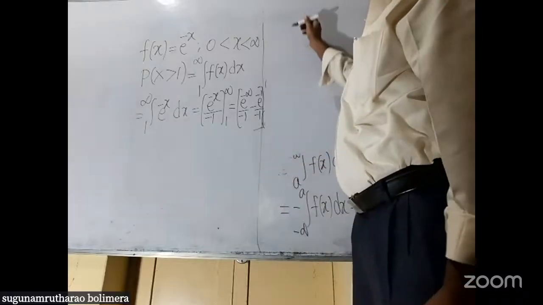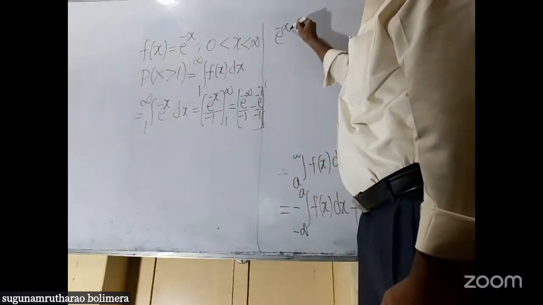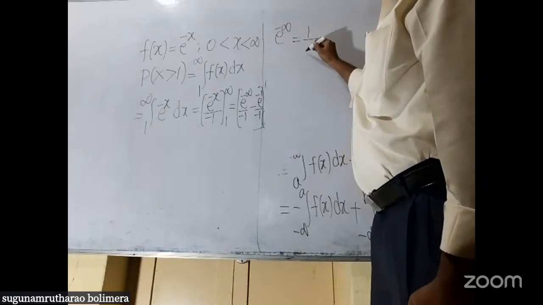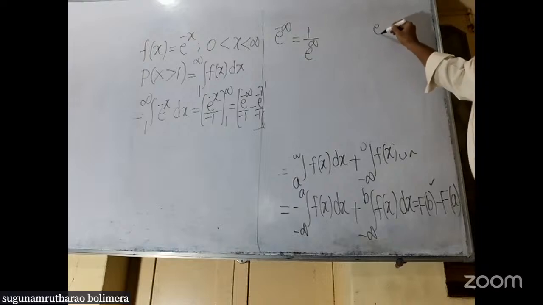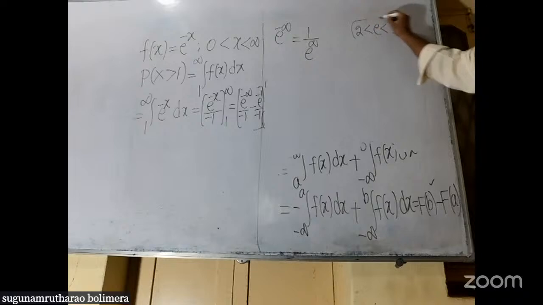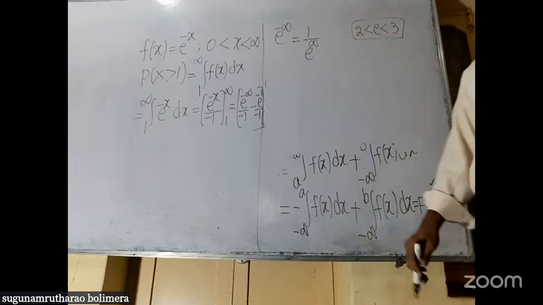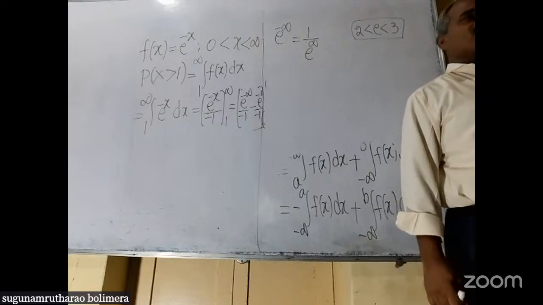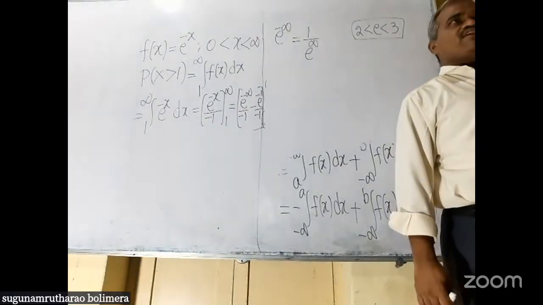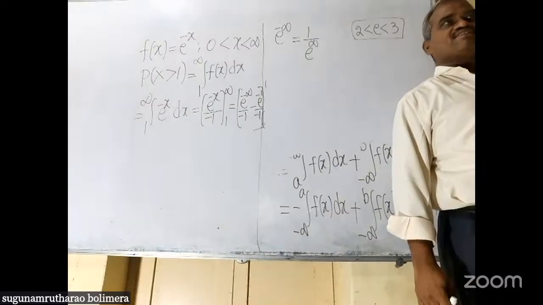E power minus infinity equals 1 by e power infinity. E has a value lying in between 2 and 3. Say, for example, it is almost 2.71 something else.